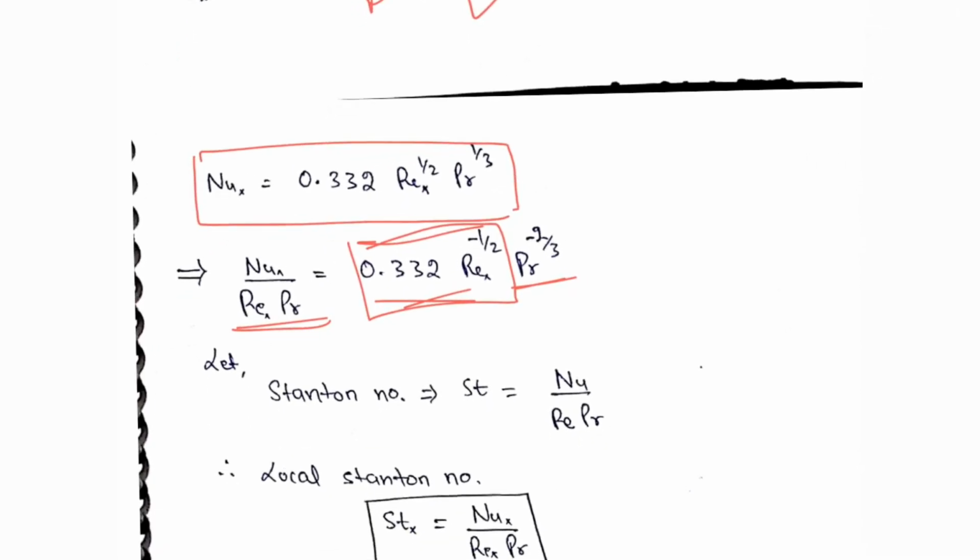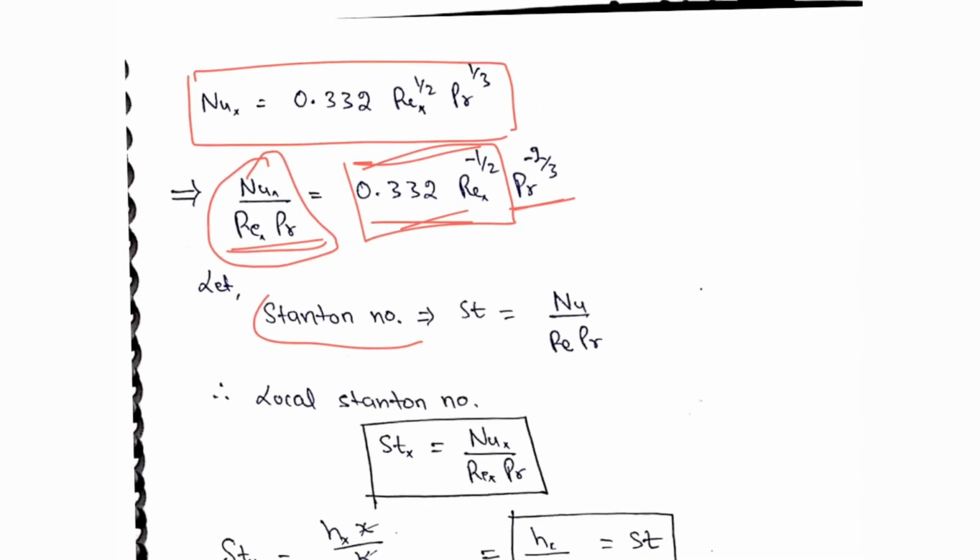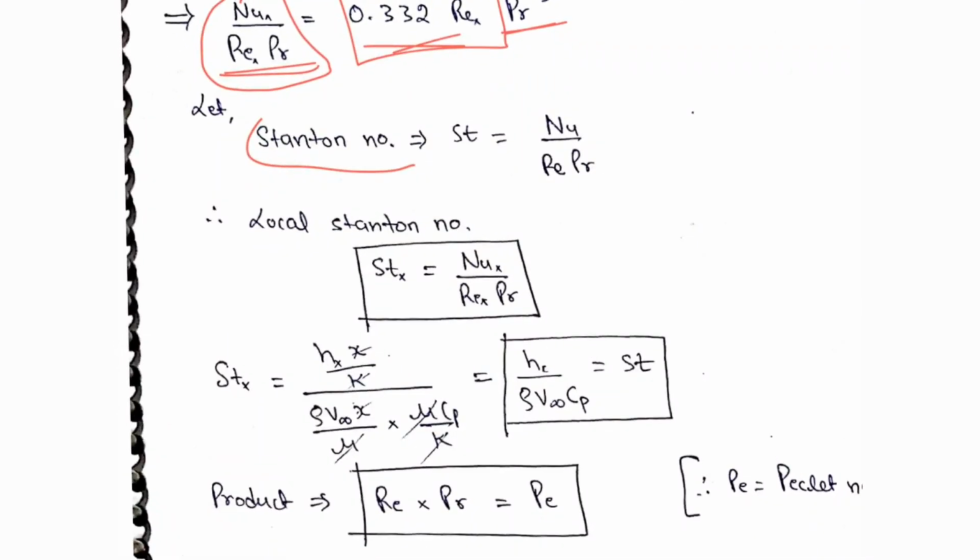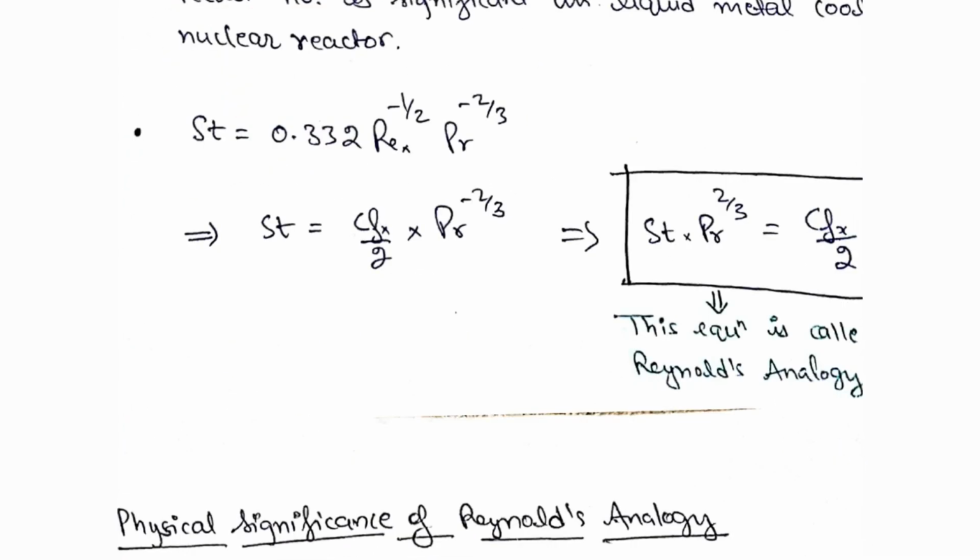This term, Nusselt number upon Re into Pr, is given a new name, that is the Stanton number, which is nothing but Nusselt number upon Re Pr. Therefore the Stanton number is equal to Cfx by 2 into Pr power minus 2 by 3.